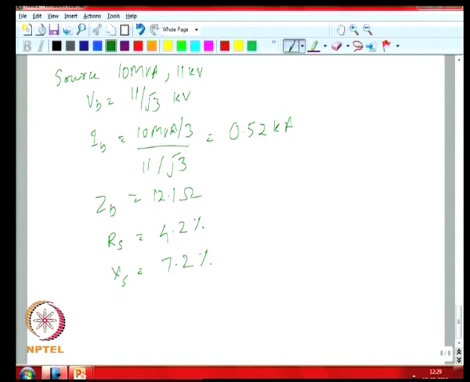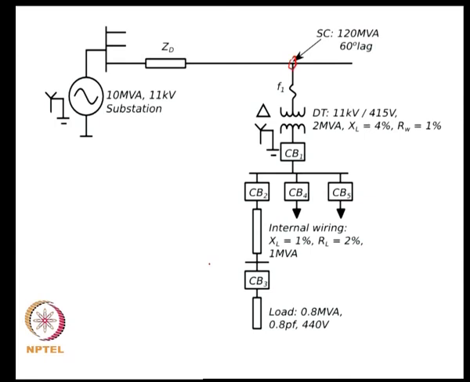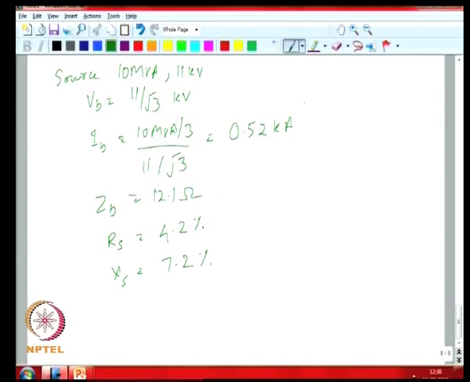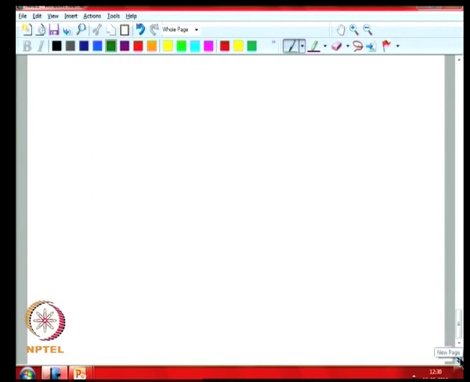So, now we could look at the fuse. The fuse in this particular system should be rated, assuming that you could have a fault right here on the primary of the transformer. So, the only element that is limiting the fault current level is the source impedance. That would determine what is the fault current level that would flow through the fuse. And the load of the fuse is a 2 MVA transformer.